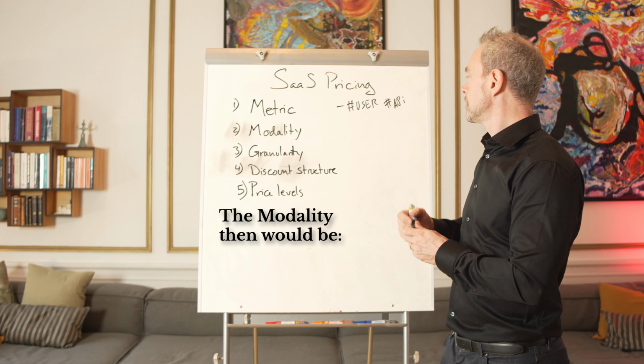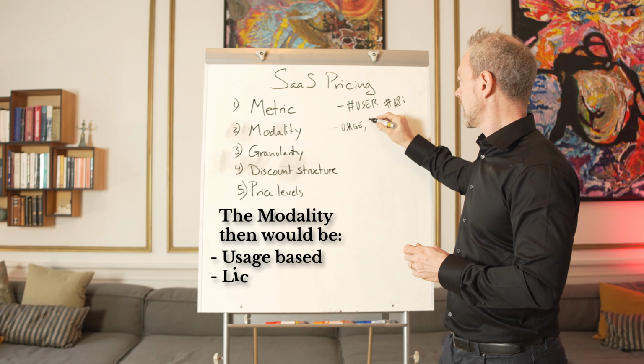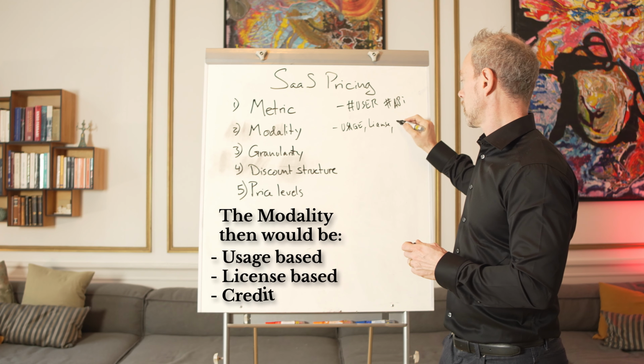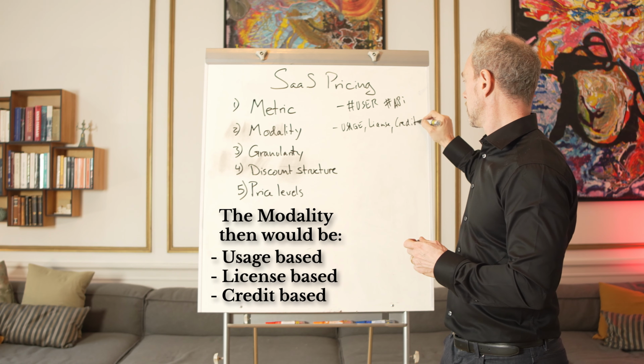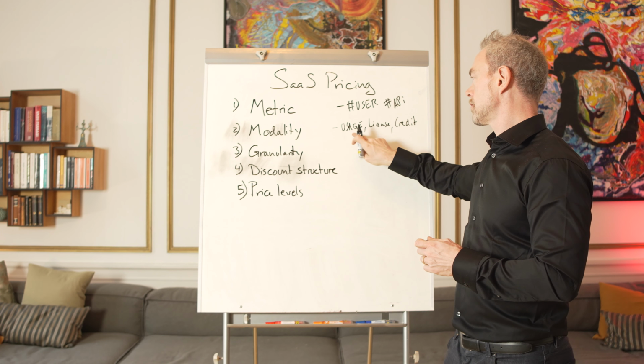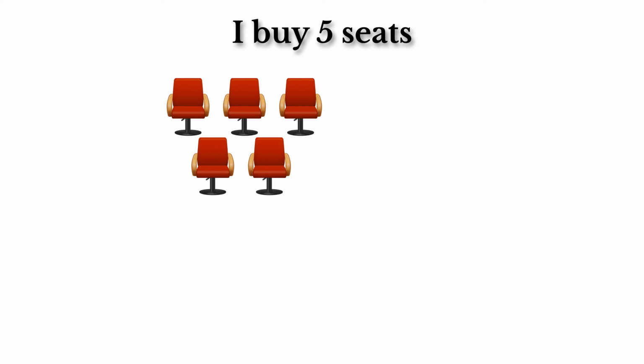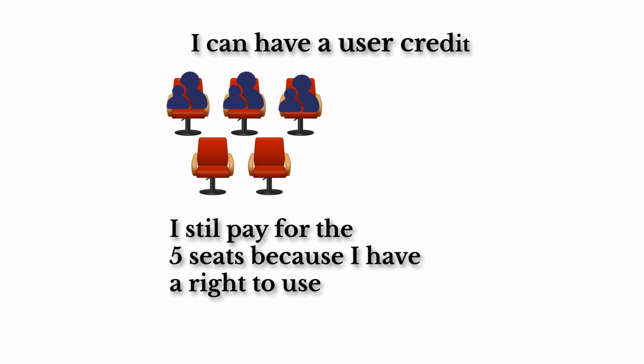The modality then would be usage-based or license-based or credit-based. So we can have a user as a metric and then count the users as monthly active users, or we can have a user license based, so I buy 5 seats and then if I don't have 5 users, I still pay for the 5 seats because I have a right to use.